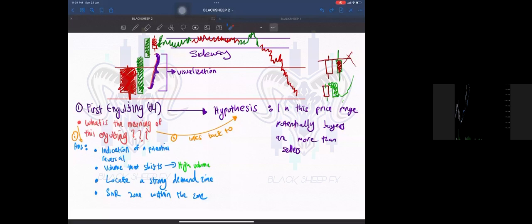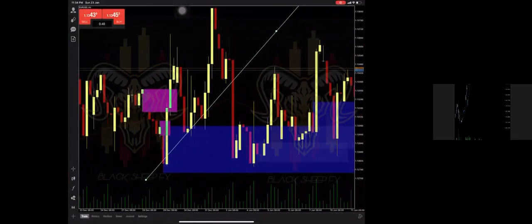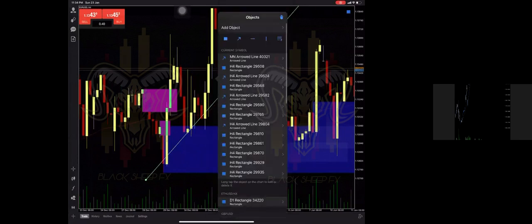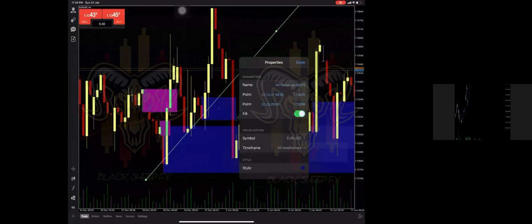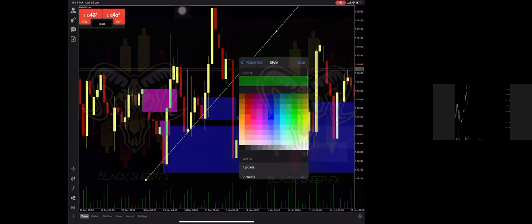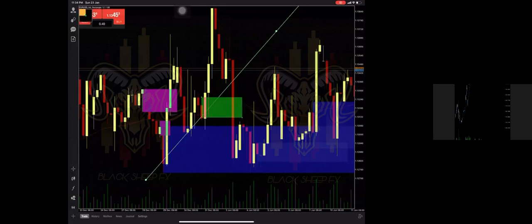For example, this setup will be medium risk. It might work, but if it breaks, maybe it wants to go lower and fly from there. So for example, like this scenario. Let me change color. In the scenario of this green box, you mark the engulfing buy. Price came out, came back in.